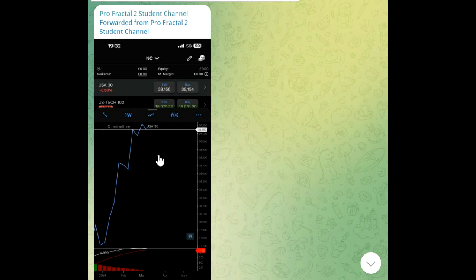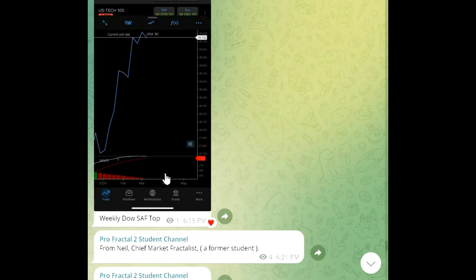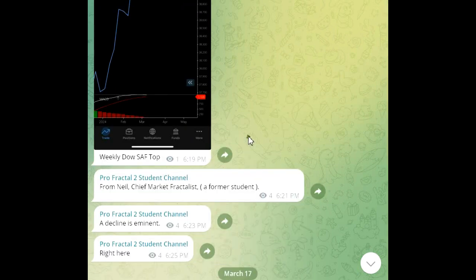The initial condition changed, and we have another trend going down. That's the Dow. That's very bearish. That's on a weekly chart. You can find fractals on stocks, FX, gold, whatever.